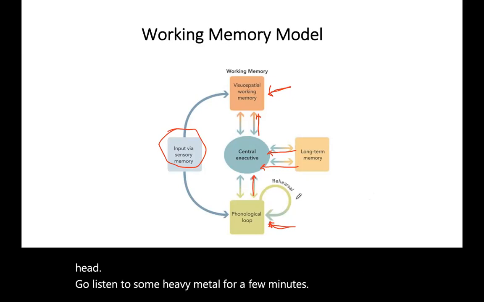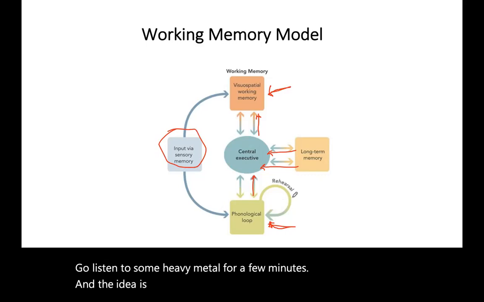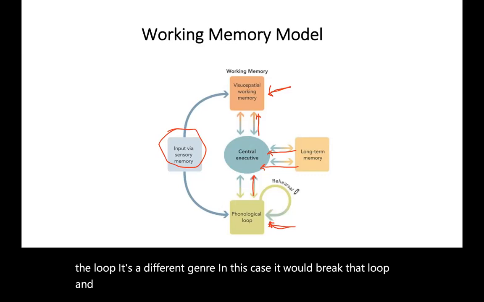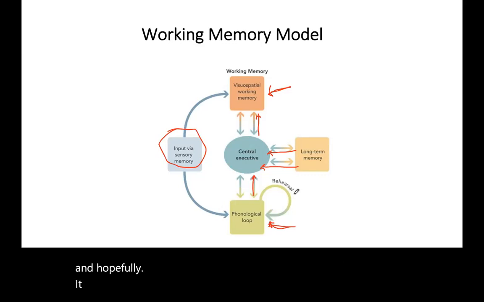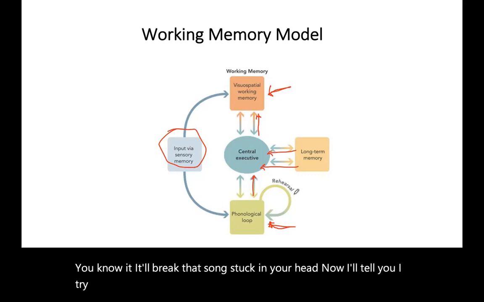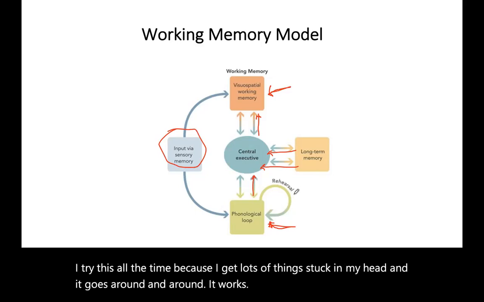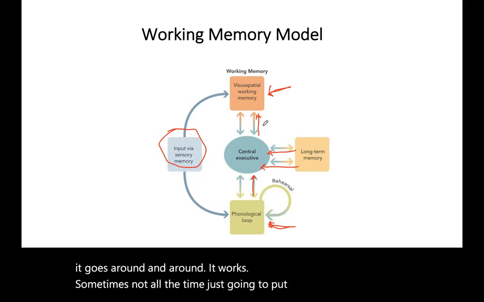The idea is that because it's such a different tone, a different genre in this case, it would break that loop and hopefully break that song stuck in your head. Now, I'll tell you, I try this all the time because I get lots of things stuck in my head and it goes around and around and around. It works sometimes, not all the time. I'm just going to put that warning out there.